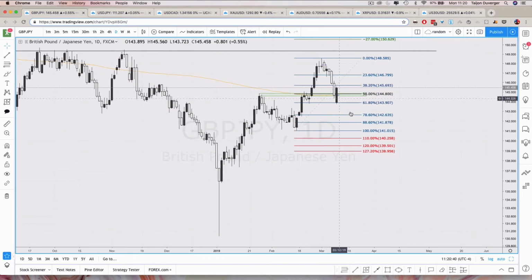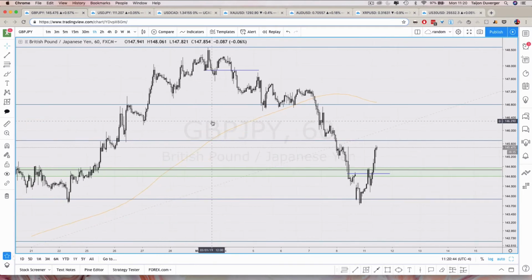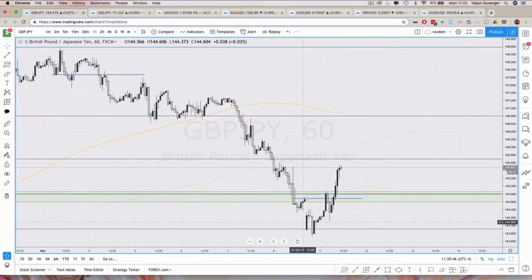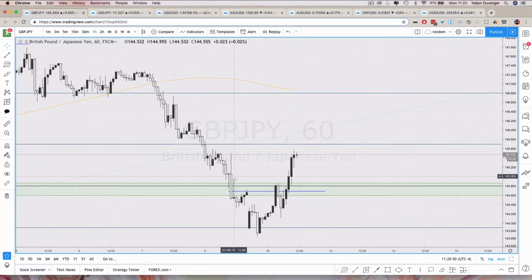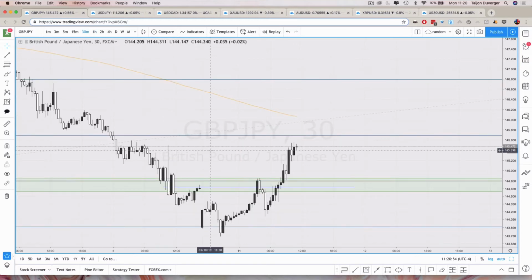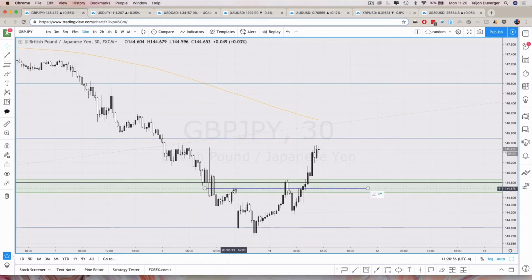With that being said, I can go now to the hourly chart and see what happened. Over the weekend, we had a gap that was filled, and this gap itself was the last point of resistance last week. So we had this point of resistance and then we formed a low.